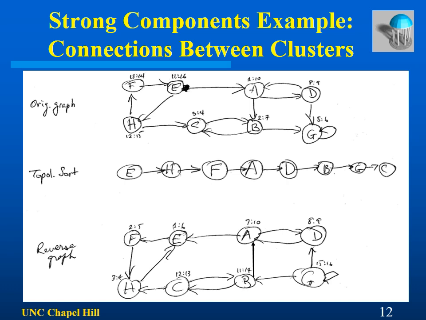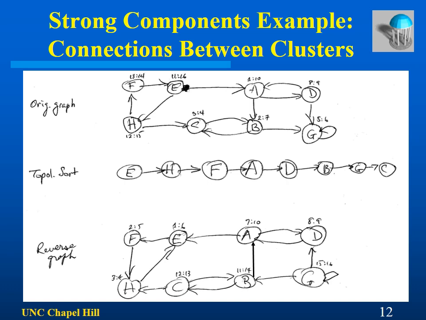So that when we finish, we have a supernode, EFH, connected to two other supernodes, one with AD and one with CB. And then we have a connection between the AD and BC supernode, a connection from the AD into the G supernode, and one from the CB to the G supernode.